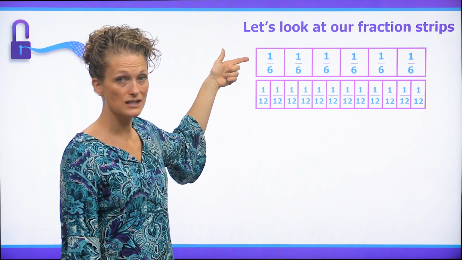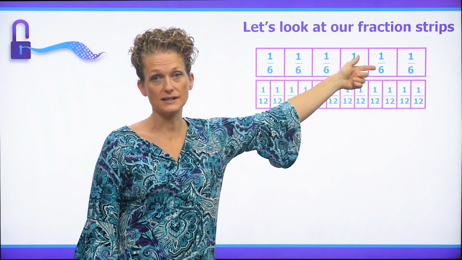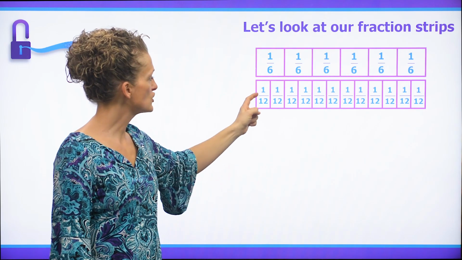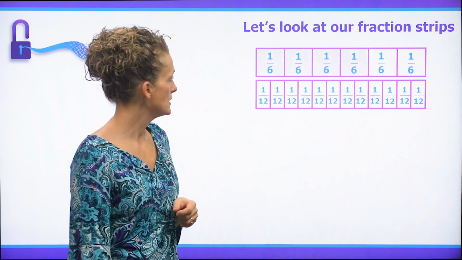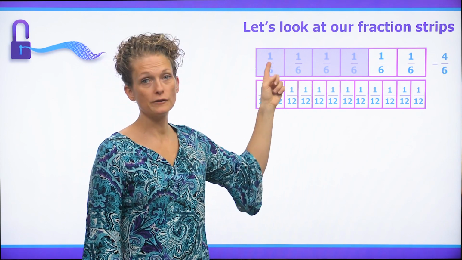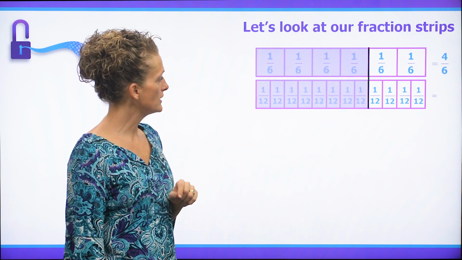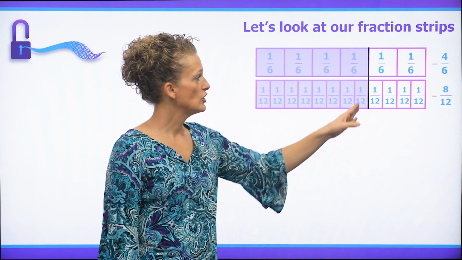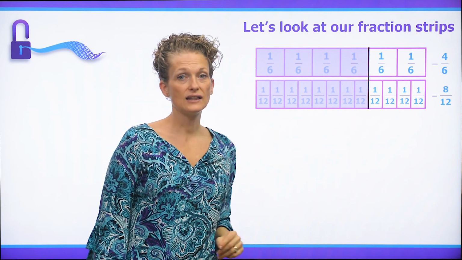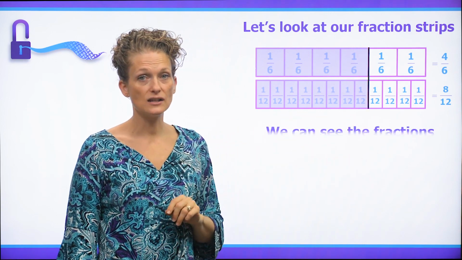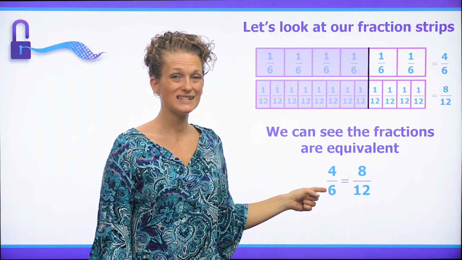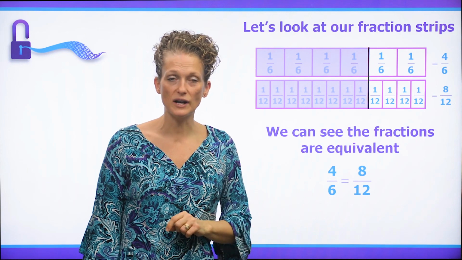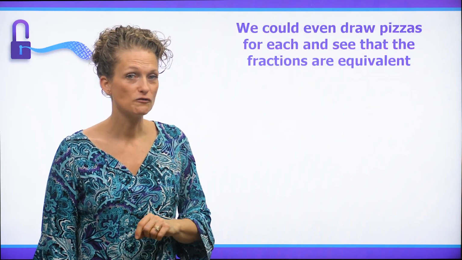We've got 6 because Kathy divided her pizza into 6 equal pieces, and John divided his into 12 equal pieces. So Kathy, we know, ate 4 of her pieces, and John ate 8 of his pieces. Notice that they line up, they shade the same amount of space, and so we can see that 4/6 is equal to 8/12. They are equivalent fractions.